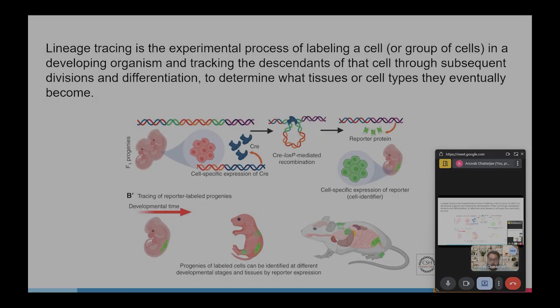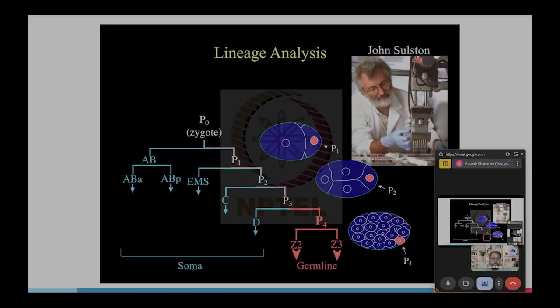But this person here, known as John Sulston, he did it all the way for C. elegans. So C. elegans, as you would know, is a very small nematode which has an exact number of cells always. So 959 cells is what it has, and it has invariant cell division during development.